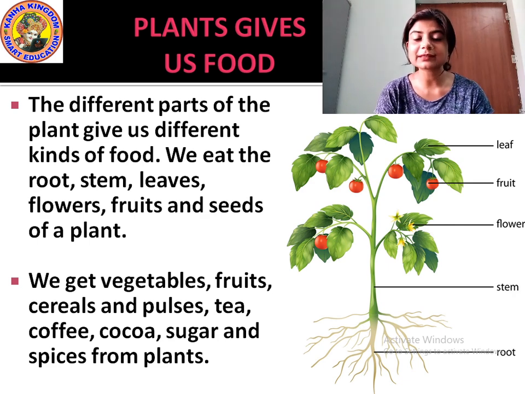We get vegetables, we get fruits, we get cereals and pulses. Okay, then we get tea, coffee, cocoa, then sugar and spices also from plants. Understood? We will study elaborately about the different kinds of food that we eat. Okay? So these are the different kinds of food that we get from plants and we also eat different parts of the plant as different kinds of food. Understood?